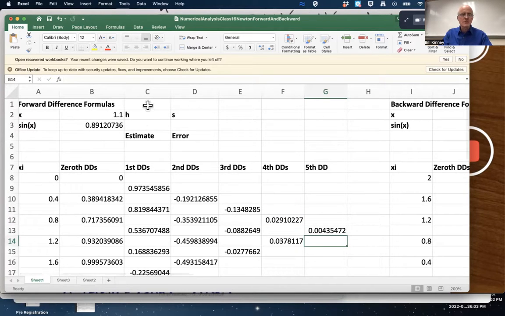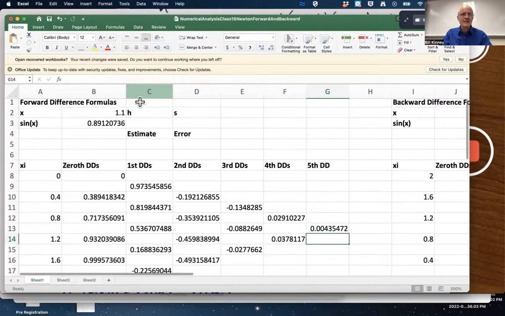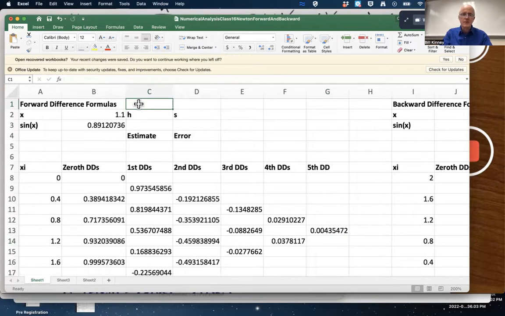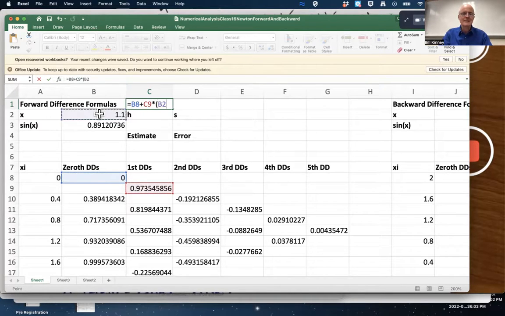So if we were going to use those to quickly estimate sine of this number as we did on Tuesday, we would do f of x0, which is 0, but I'll type that anyway, plus the first divided difference times x minus x0, plus the second divided difference times x minus x0 times x minus x1.